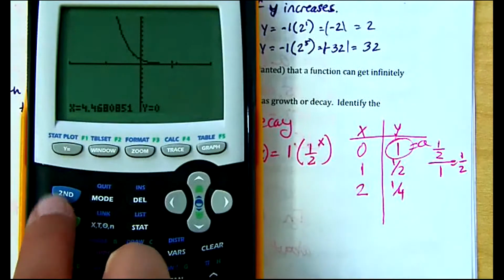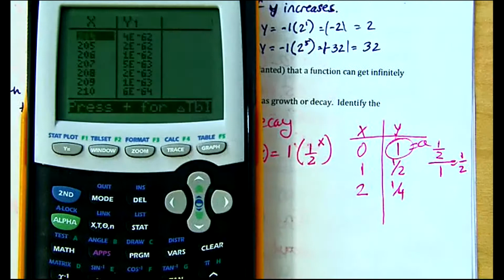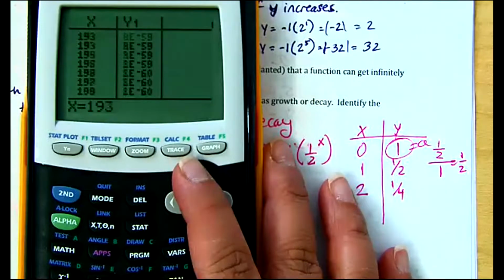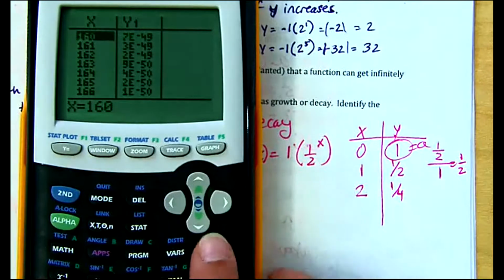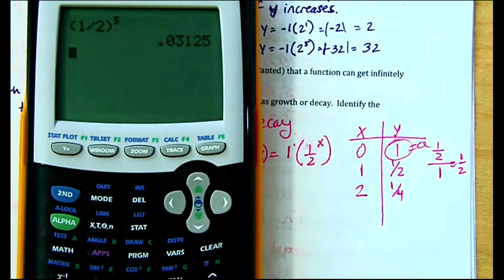So if you ever want to see the table for your function that you put in here, second table, and it should give you your X and Y values right there. Then I'm going to second quit to get out of that.